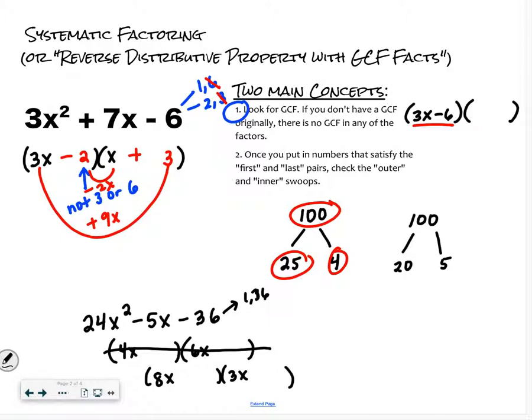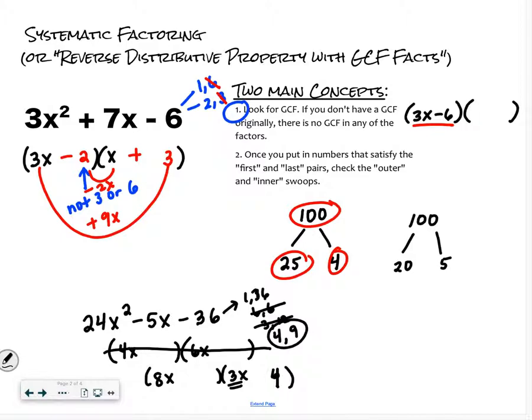But as we do the 8x and 3x, and then we start going through here, we're looking at all these factors again, and there's a lot of them for 36. It can be overwhelming for students to see all those factors. But as we start putting things in, again, we can't have the 3 and 12 because then they would have the GCF with this 3. Same with the 6 and the 6. So we're left with 1 and 36 and 4 and 9. And even with the placement of 4 and 9, I can't put the 9 here.